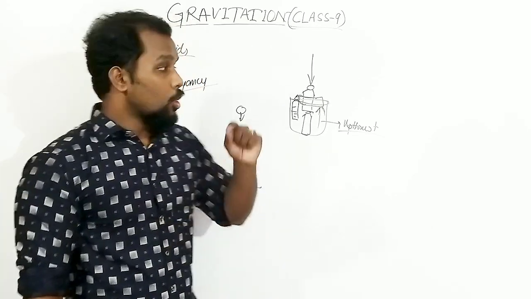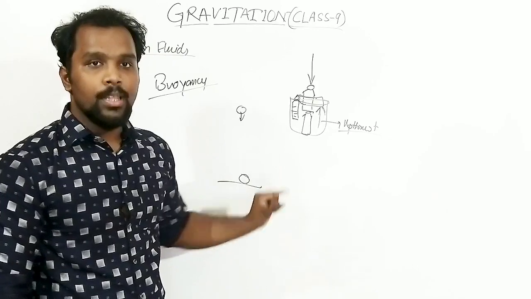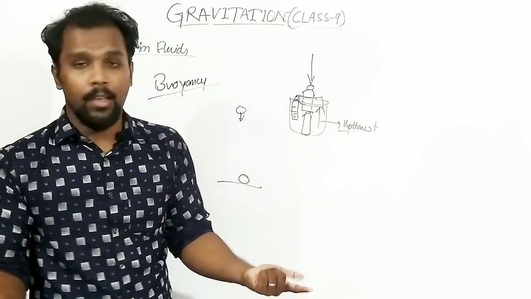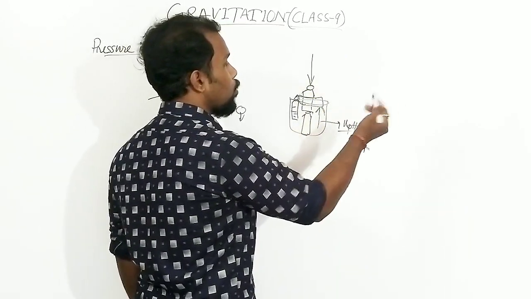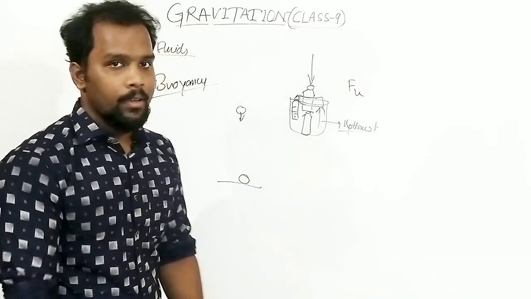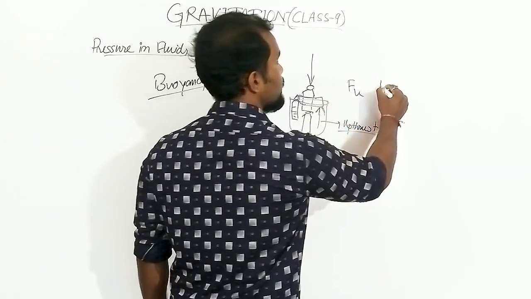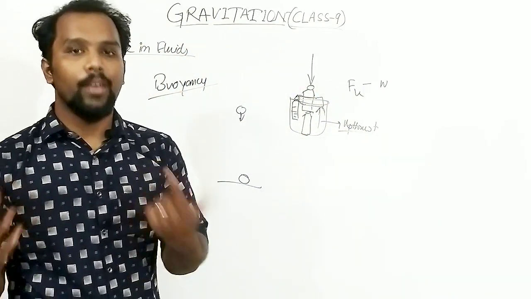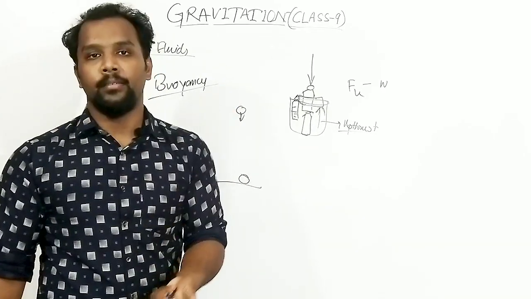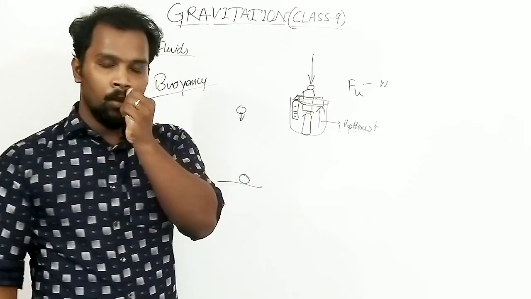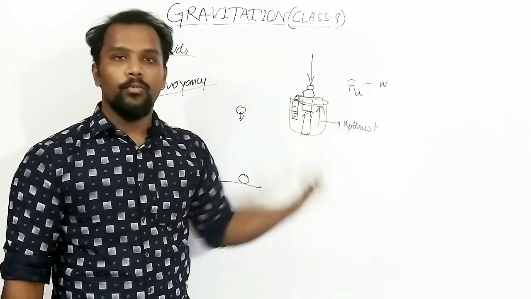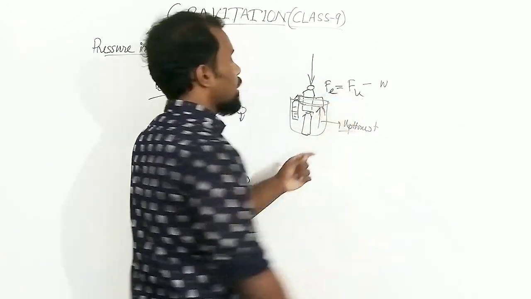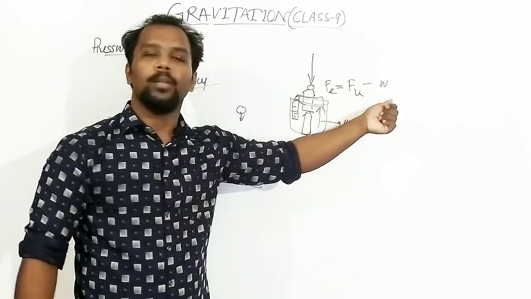So this is the concept about buoyancy. Whenever we apply an external force, it has to be at least equal to the difference of the upthrust and the weight of the body. That means, if the upward force applied by the water is Fu, and the weight of the bottle is W, the difference between these two gives us the value of how much force is absent for the bottle to go down. So the external force, Fe, should be equal to this difference between the upthrust force and the weight of the body.